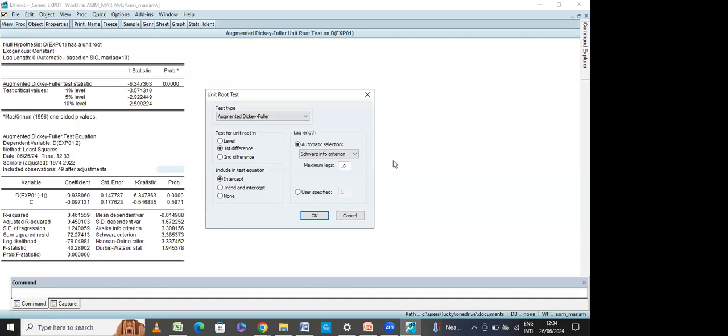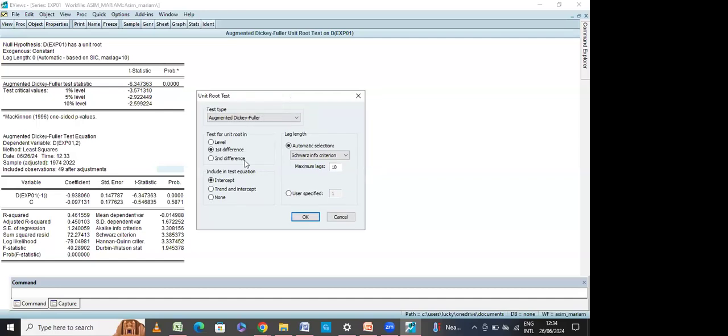Yes, even from here, when we are checking from EViews, see, here I am checking the options. Test for the unit root at level. Here I am instructing EViews: please check whether this series has a unit root issue at level.